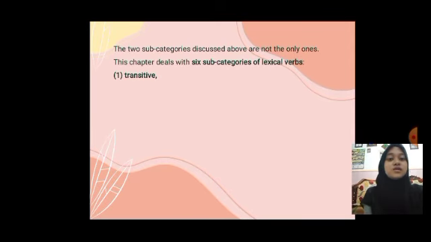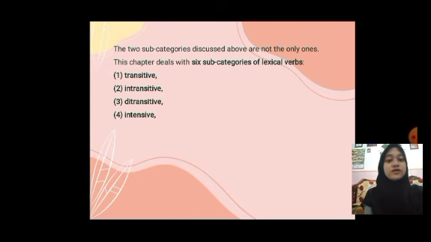The two subcategories discussed above are not the only ones. This chapter deals with six subcategories of lexical verbs. Number 1, transitive. Number 2, intransitive. Number 3, ditransitive.